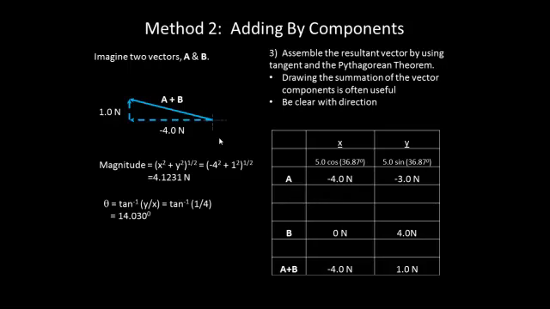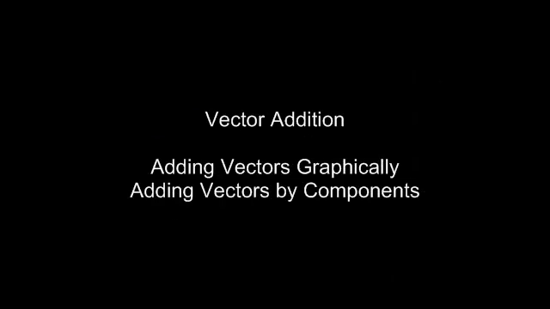And then I can use tangent to find the angle. So I'm going to take the inverse tangent of y over x, or 1 over 4, and this gives me 14 degrees. Now, rounding to the correct sig figs, I get 4.1 newtons at an angle of 14 degrees above the negative x-axis, as I found before.